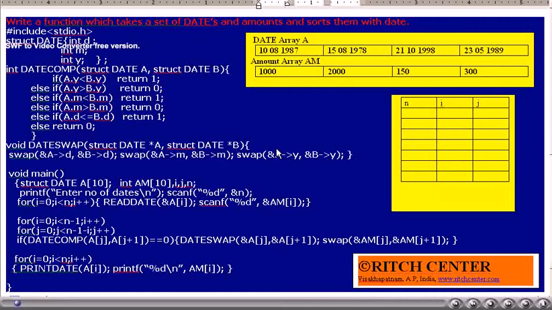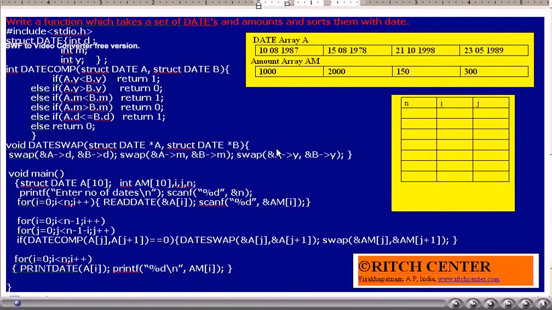Here the dates are exchanged by exchanging the days of both the dates, the months of both the dates, and the years of both the dates, which are incidentally integer type variables. Thus the swap function is called 3 times, once to exchange the days, another time to exchange the months, and the next time to exchange the years.